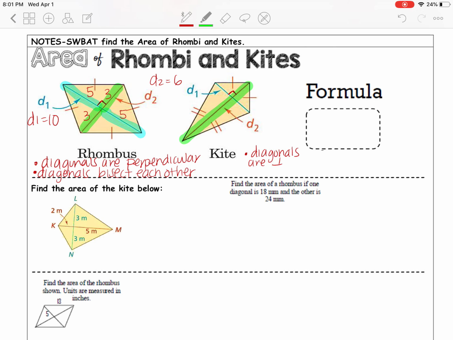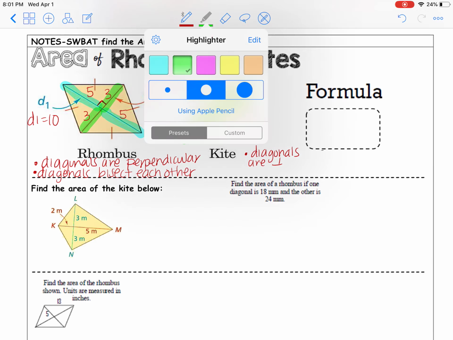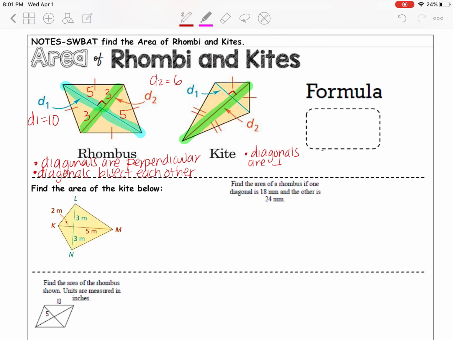So that axis of symmetry will be bisecting the other diagonal. So the only diagonal that will be cut in half is the one that the axis of symmetry is bisecting. So let's pretend that diagonal 1 is equal to 5. Then each part will be equal to 2.5.